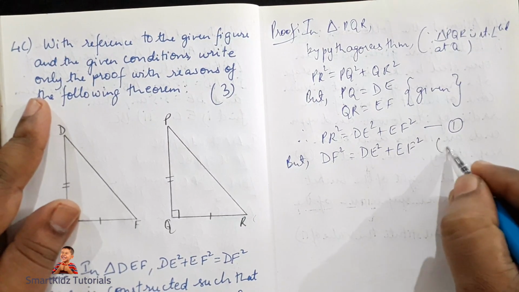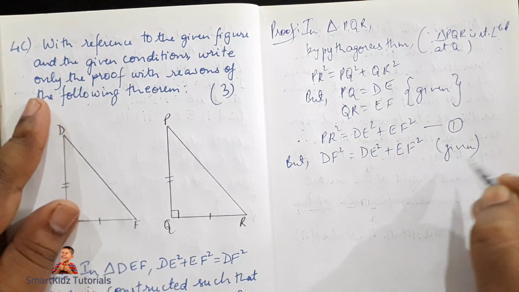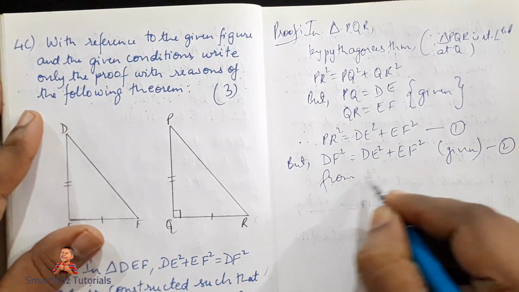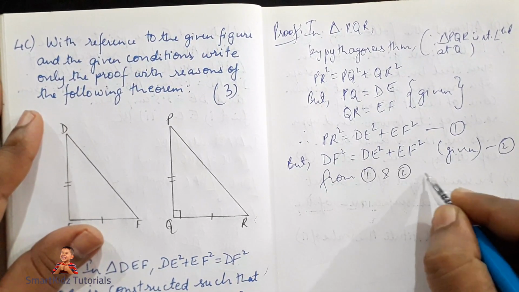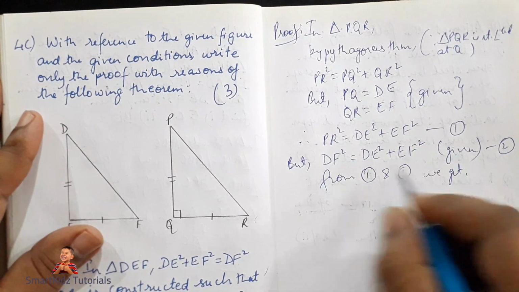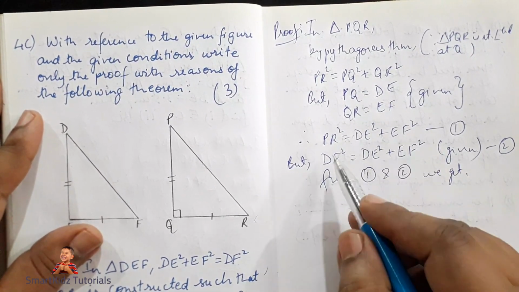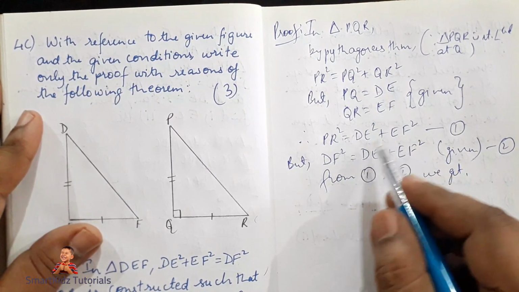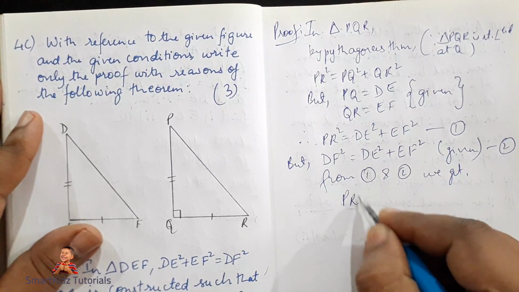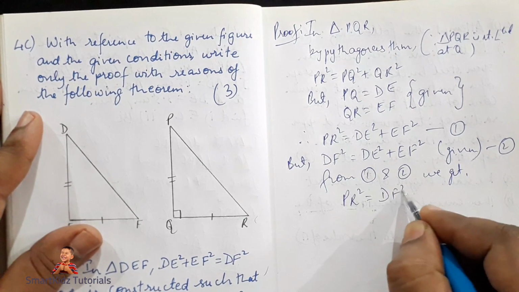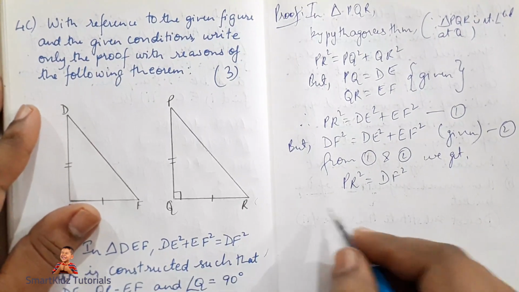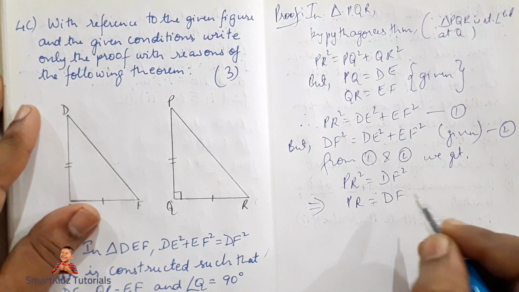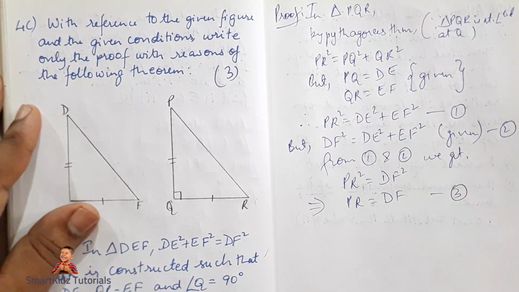And this is given to us. Mark this as 2. So from 1 and 2 we get, since PR square is equal to DE square plus EF square, and DF square is also equal to the same thing, we can say that PR square is equal to DF square. This implies that PR will be equal to DF, and we'll take this as 3.